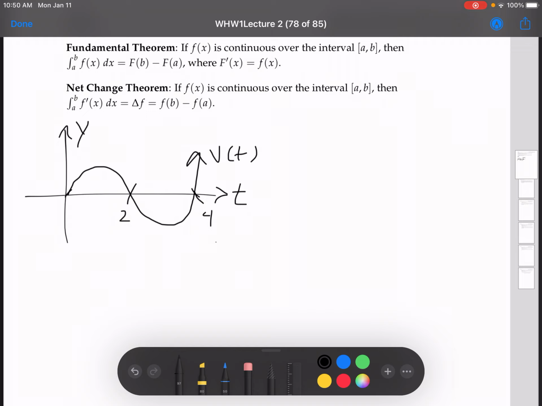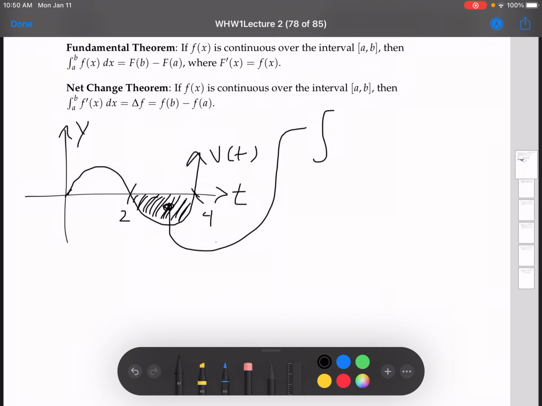So let's look at this piece right here, this area right here.